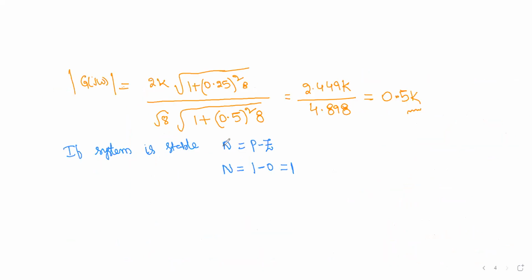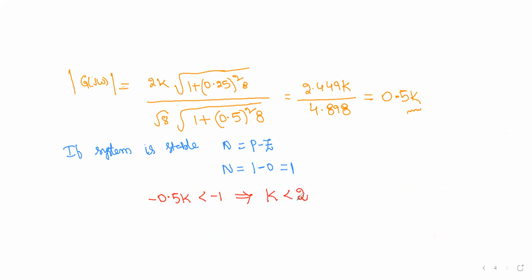So now consider this condition. Definitely for a stable system, minus 0.5K should be less than minus 1. So from this the K value, K is less than 2.